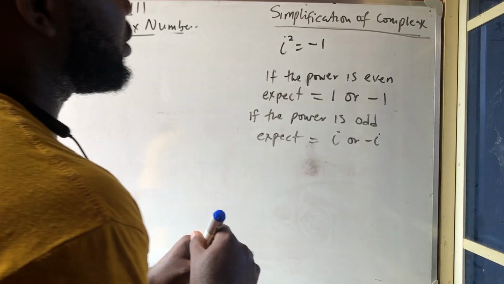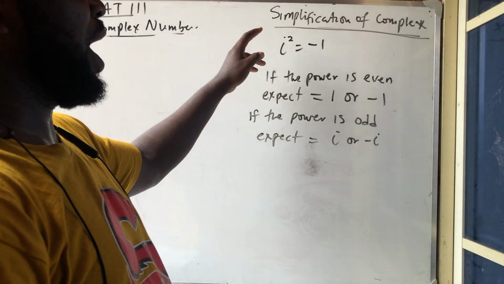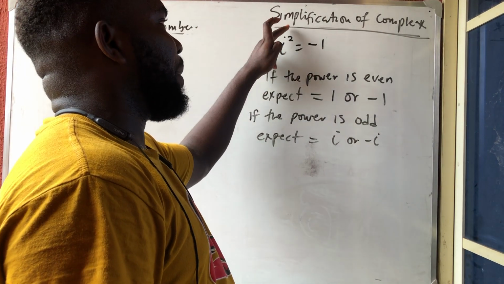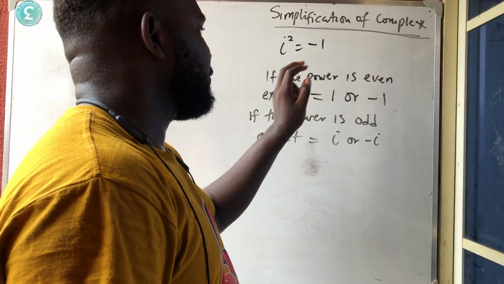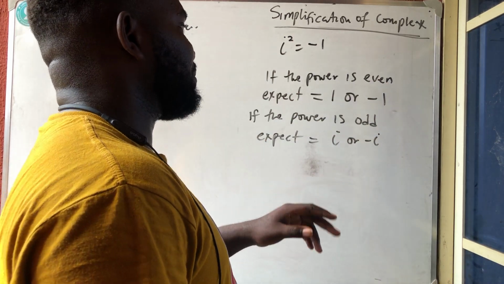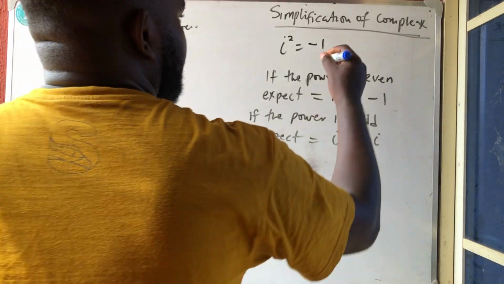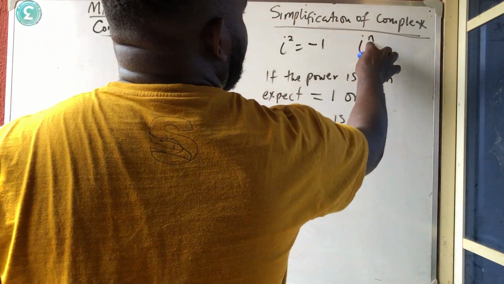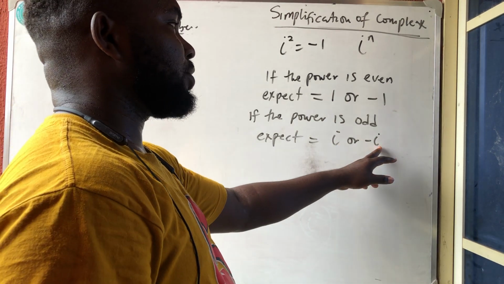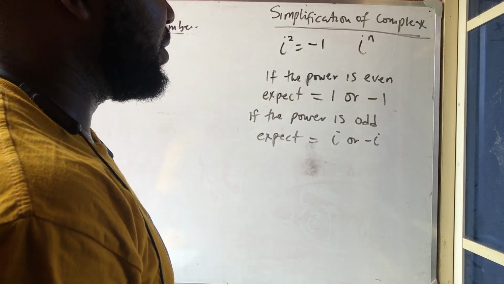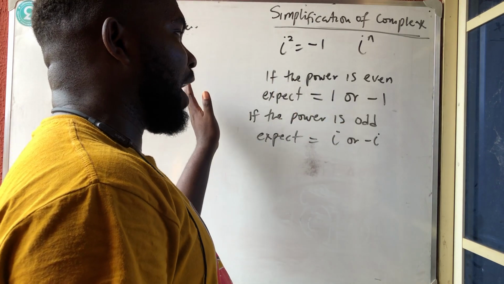Okay, so that's all. In any question you have like this, you have to check if the power is an even number, you're expecting either 1 or minus 1. But if the power is an odd number, you are expecting what? That is, if you have i raised to power n, if this n is an odd number, you expect what? i or minus i.